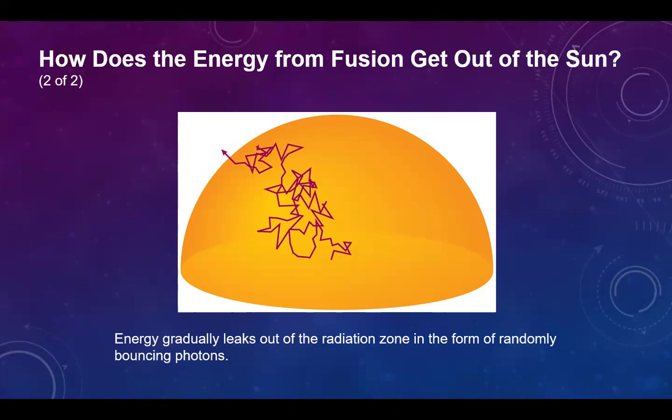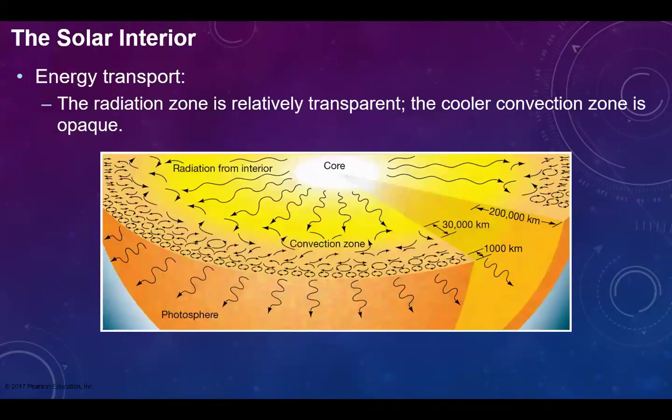And then after that, it will be carried upwards by convective cells, where hot gas will rise and cool gas will sink. It's a series of convection cells, where lower down you have some and they warm the convective cells above them and so on, until they reach the surface.